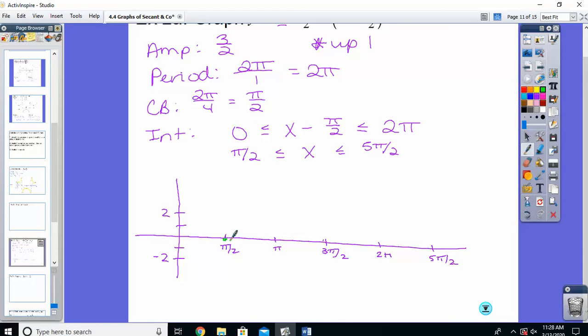Sine starts at its 0 point, but what else have we done on this graph? We're moving up 1, so I need to go to positive 1 and draw in my axis. So sine at pi over 2 would be on the axis. Then it goes up 3/2, so up to 2.5, back down the axis, down to negative 1/2, back up.